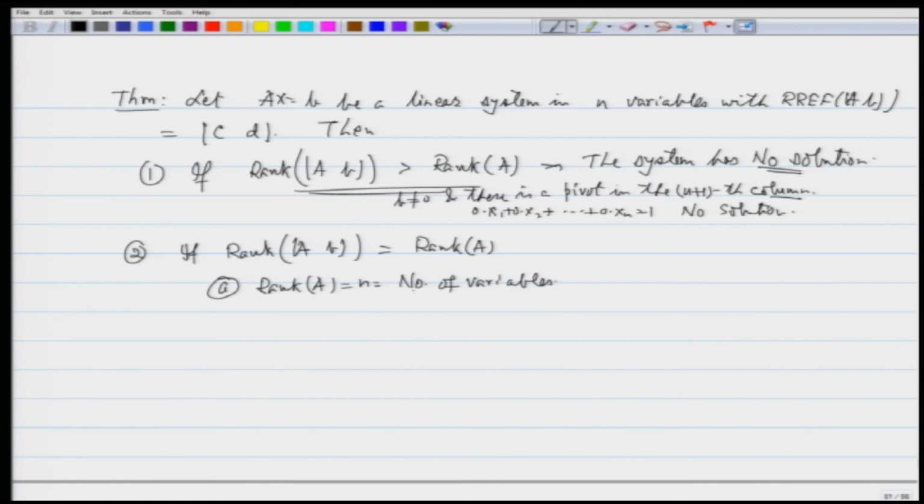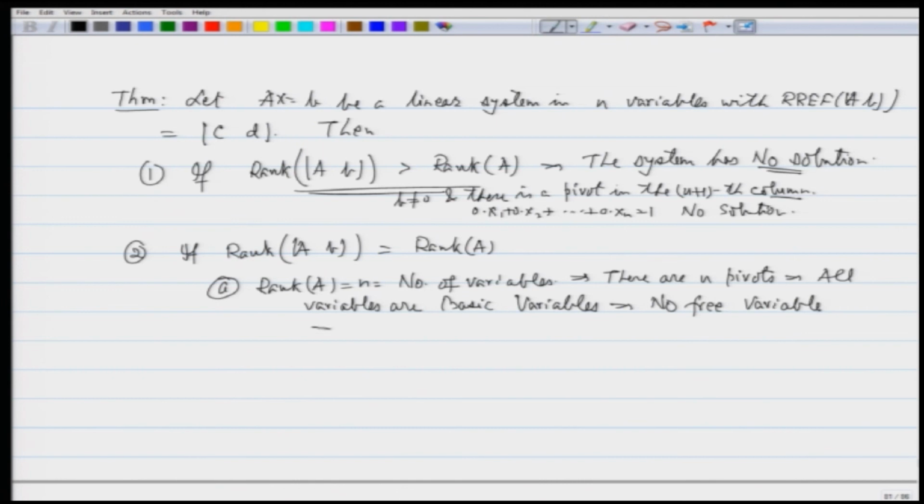So, since the rank of A is n, it means that there are n pivots, which implies all variables are basic variables, which implies no free variable, which implies a unique solution. So, look at it from this point of view.